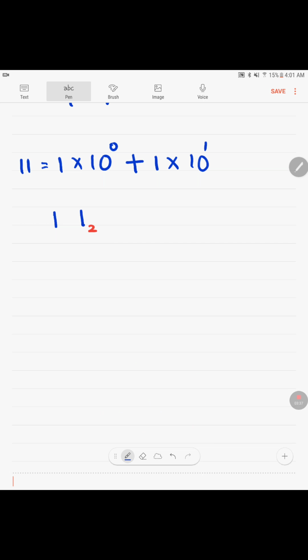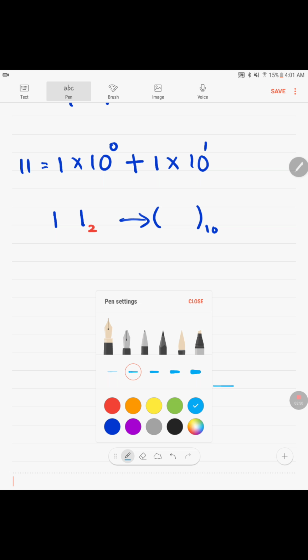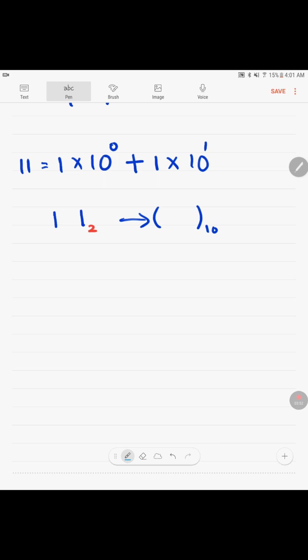What would this number equal in base 10? To resolve this, we apply the same logic as before, as we see up here for the 11.